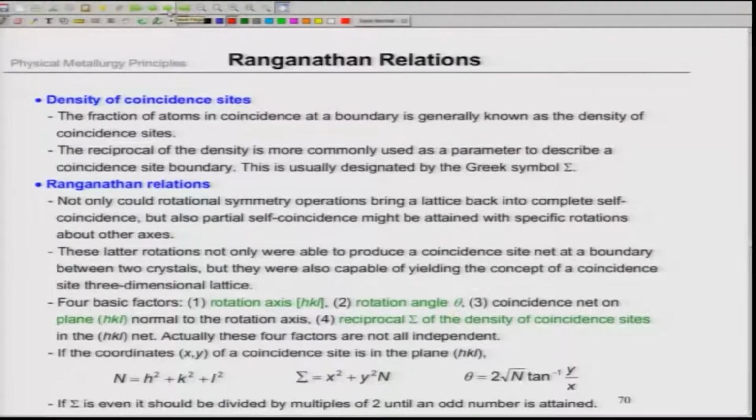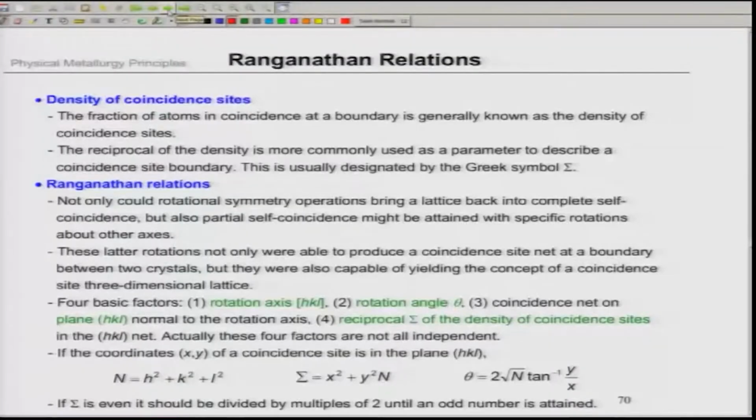So, therefore, we have to consider the important factor, that is the fraction of atoms which will be coinciding with each other on the boundary. In fact, we do not take that into consideration, we take into consideration the reciprocal of the density, and the reciprocal of the density is usually considered as a parameter to describe the coincident site boundary, and the reciprocal is basically designated by a Greek letter, given here like this, sigma.